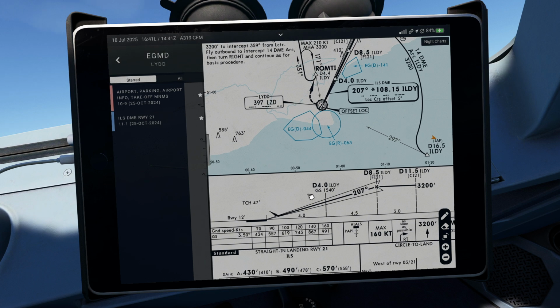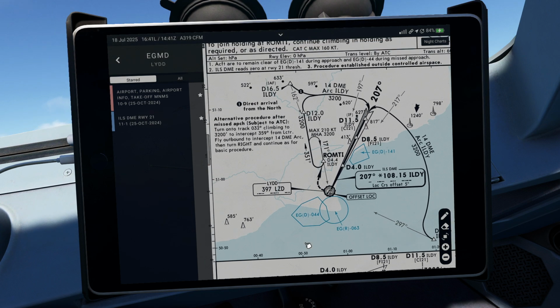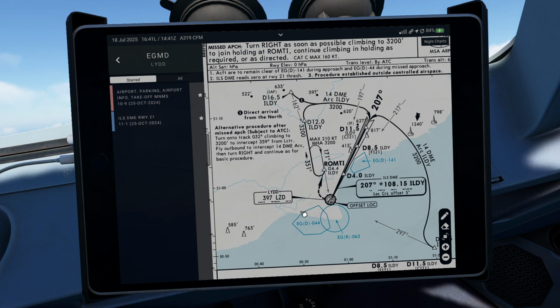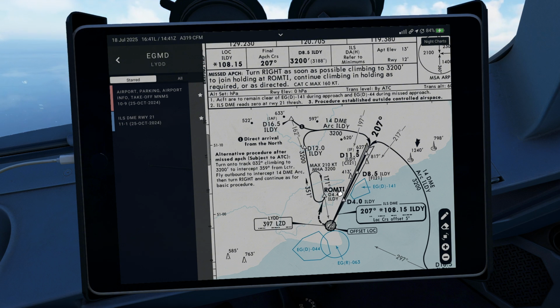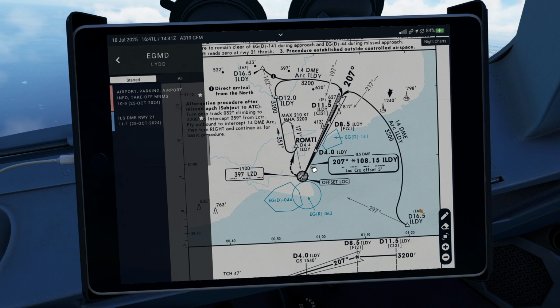And there are also some other restrictions that we should observe about the missed approach procedure and also about the landing runway width and any other item.